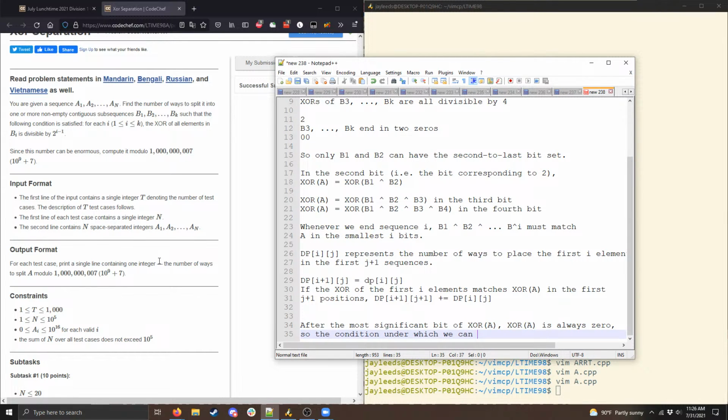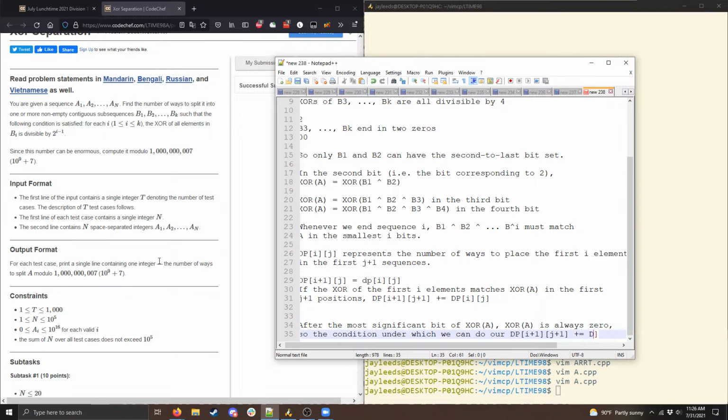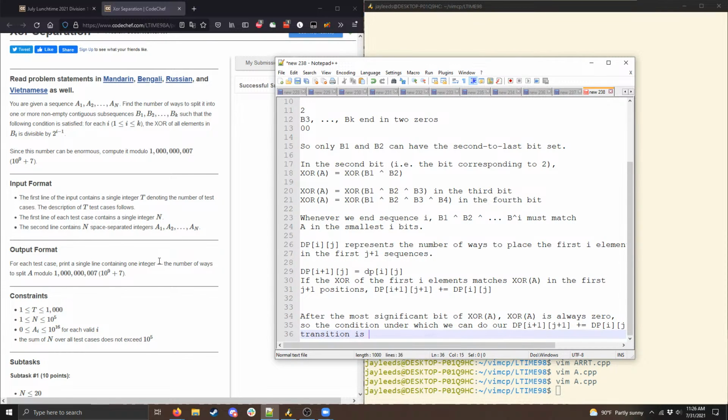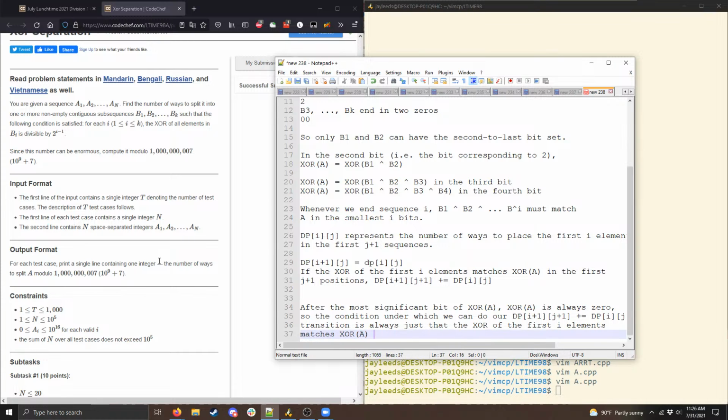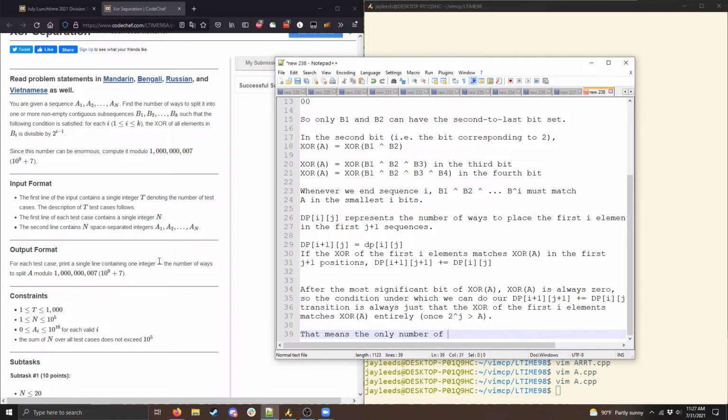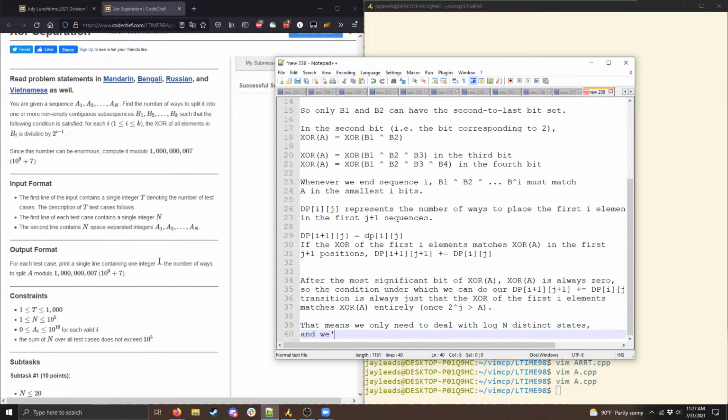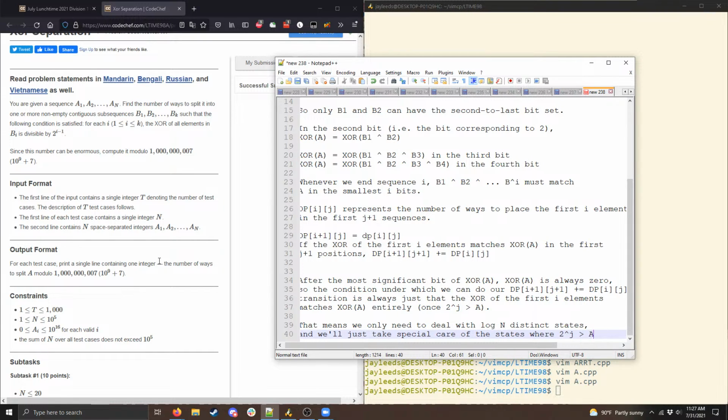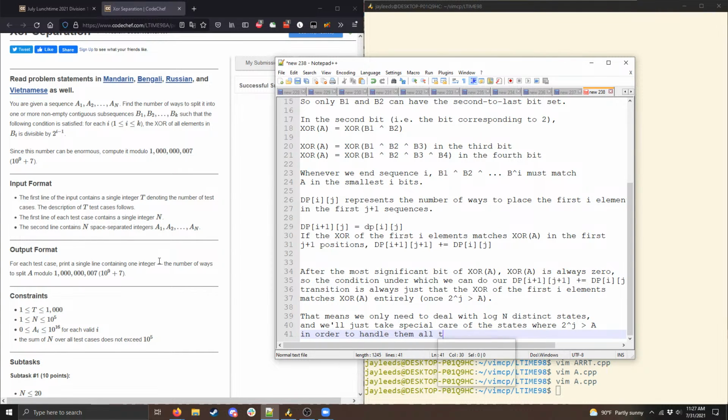So the condition under which we can do our dp of I plus 1, j plus 1 equal to dp of I of j transition is always just that the XOR of the first I elements matches XOR of A entirely, once 2 to the j is greater than A. That means we only need to deal with log n distinct states, and we'll just take special care of the states where 2 to the j is greater than A in order to handle them all together.